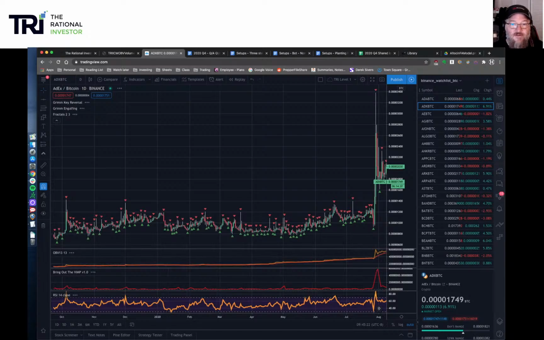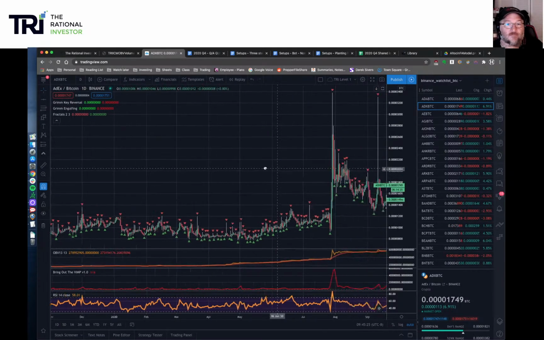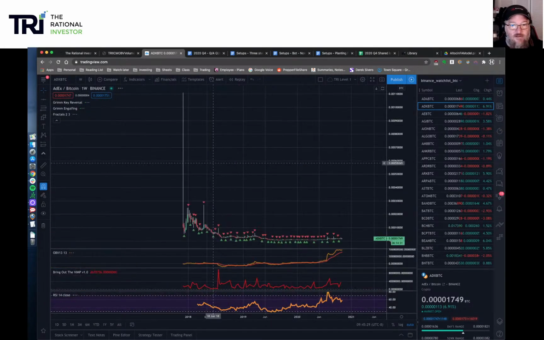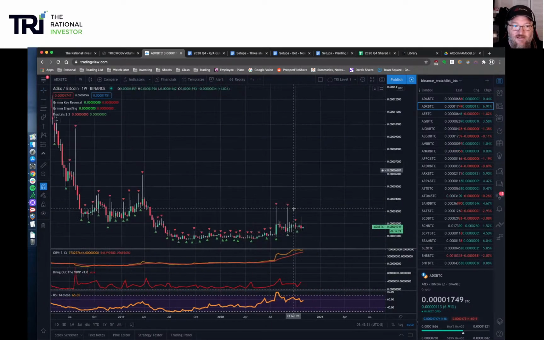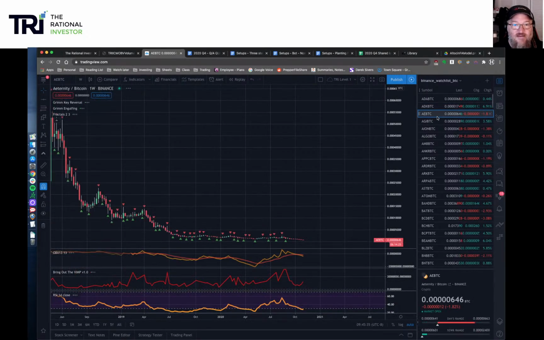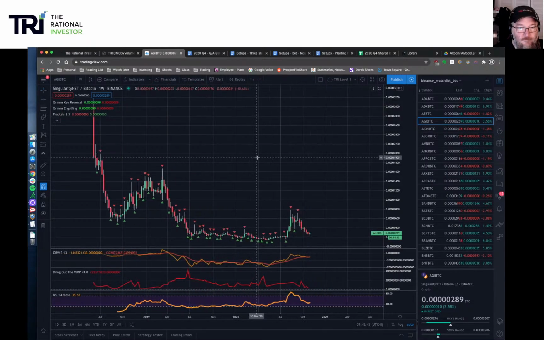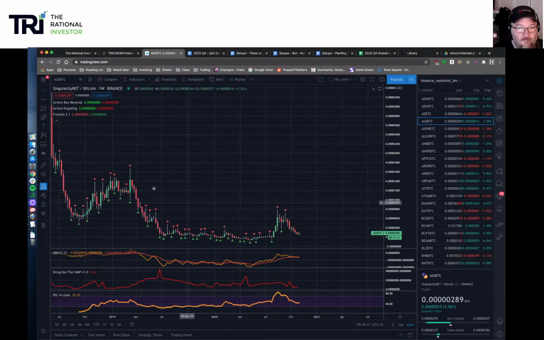We can look at some other stuff too. Let's see what we got. Let me go back to a weekly. I often look at weeklies for my planting flower setups. They can take quite a long time to mature, but I'll look at weeklies initially to see location. When is this? March 19th.